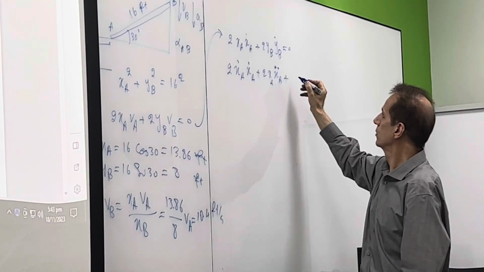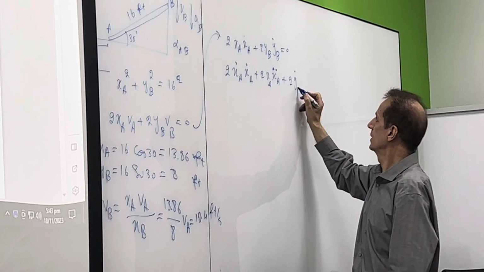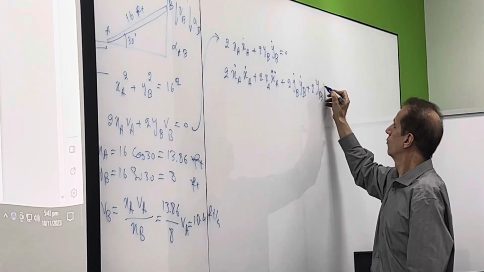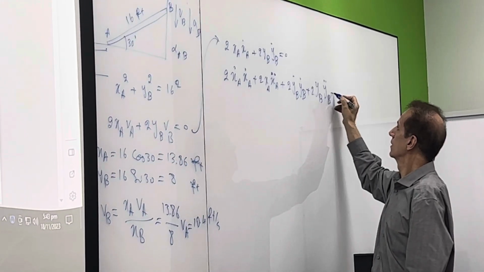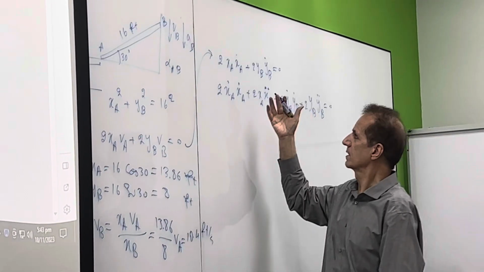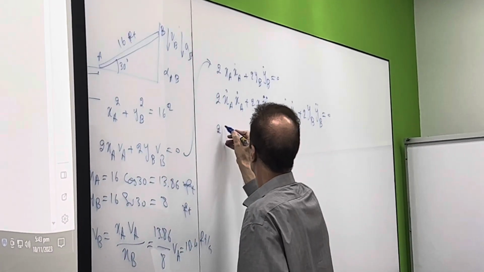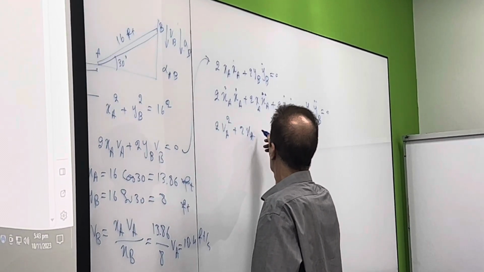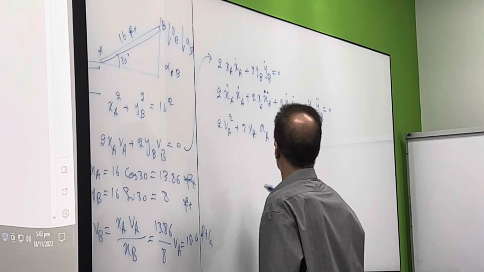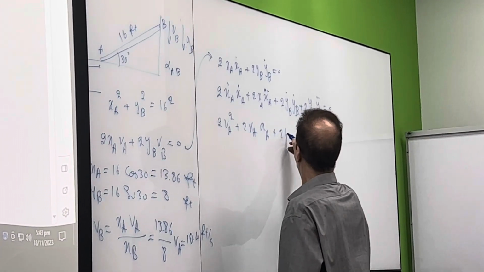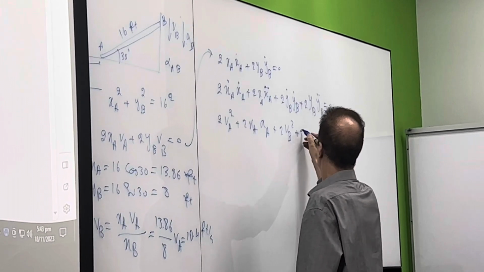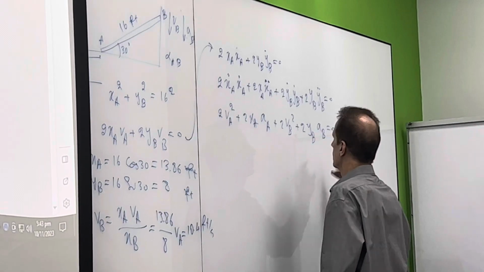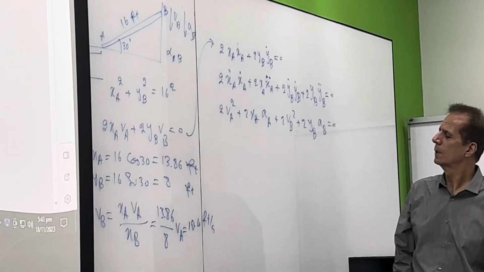Same thing goes here: 2 y dot b, y dot b, plus 2 yb y double dot b equal to 0. Now I translate everything: 2 VA squared plus 2 XA AA plus 2 VB squared plus 2 YB AB equal to 0. Well, cancel 2.